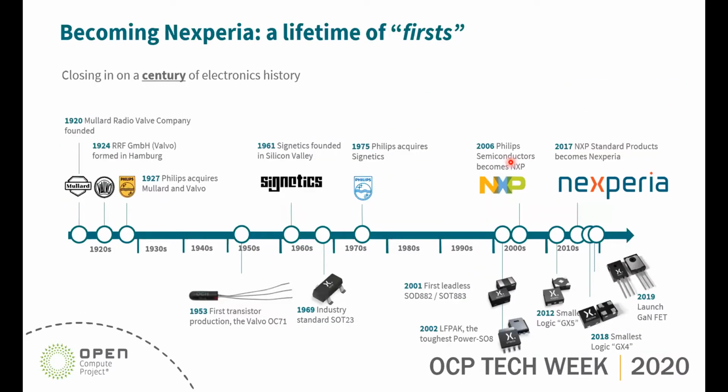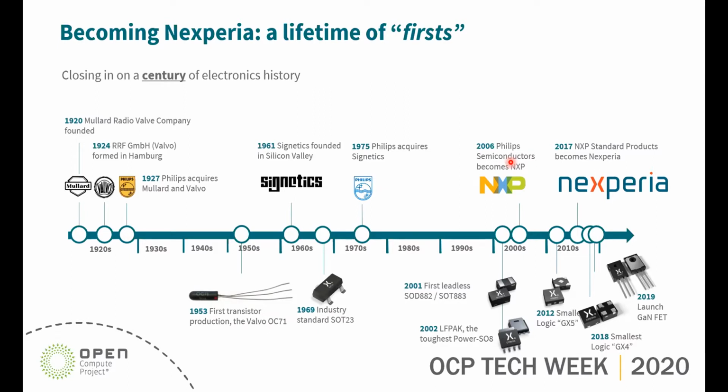NextPeria itself is not a company from today. It's been going on since the 1920s and it's gone through various changes. At one point it was Philips. It moved on to NXP, and 4 years ago it became NextPeria. NXP combines microcontrollers and other devices.